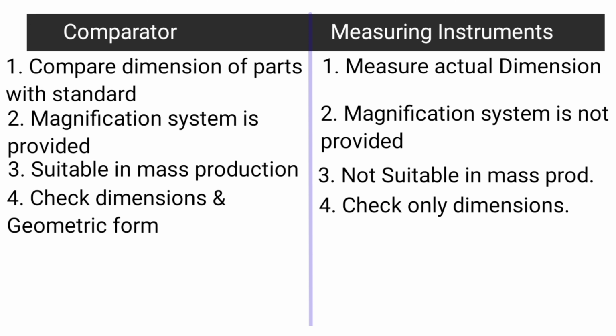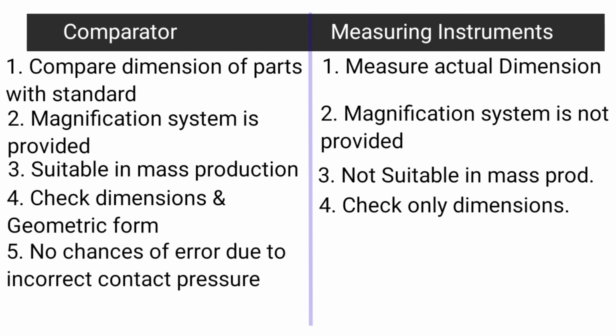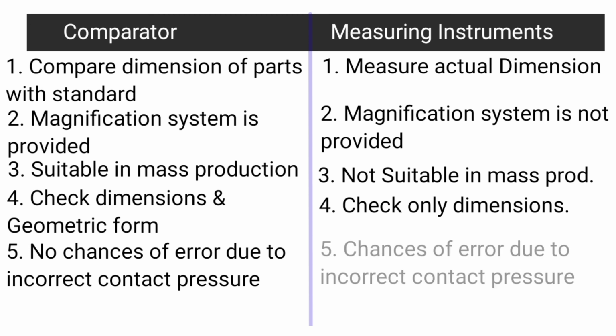In a comparator, there is no chance of errors due to incorrect contact pressure or deformation of a workpiece. In measuring instruments, errors are caused due to misalignment of the instrument or workpiece, incorrect contact pressure, and deformation of an instrument or a workpiece.